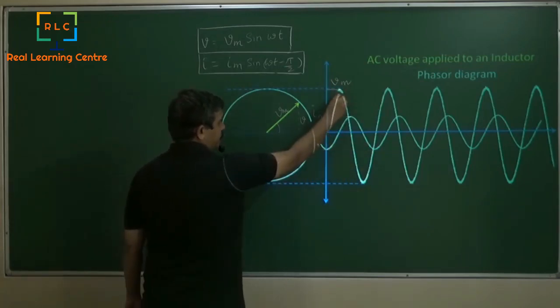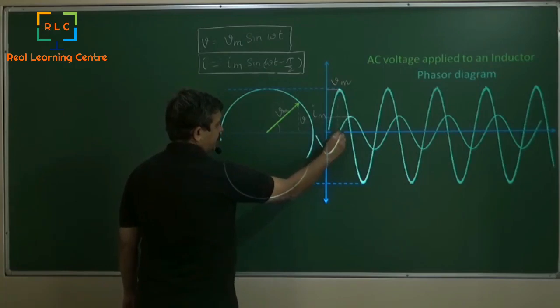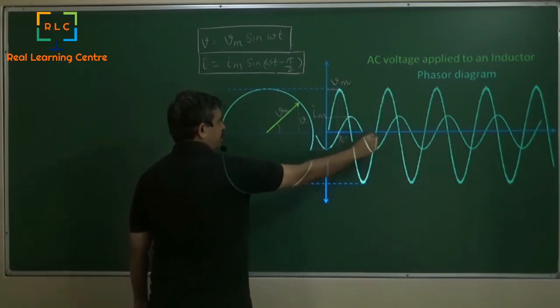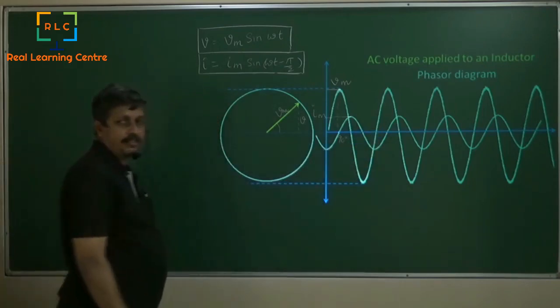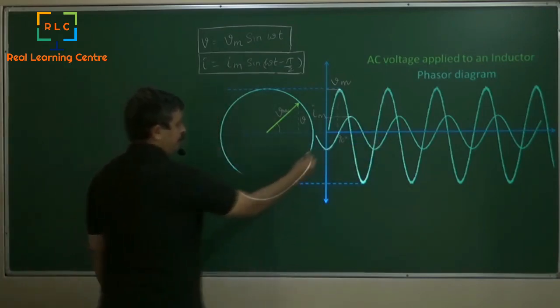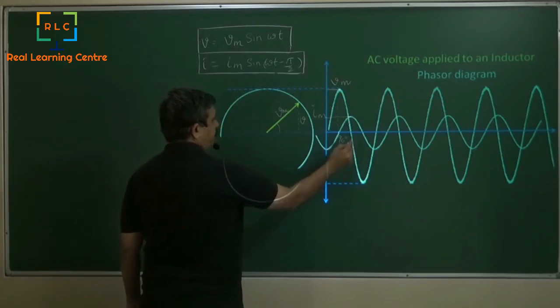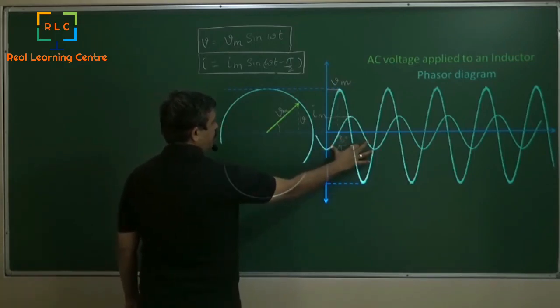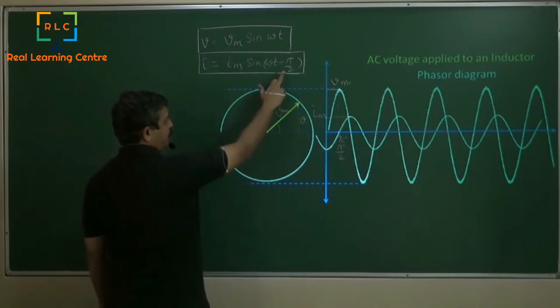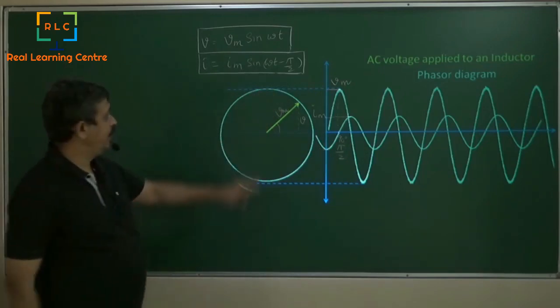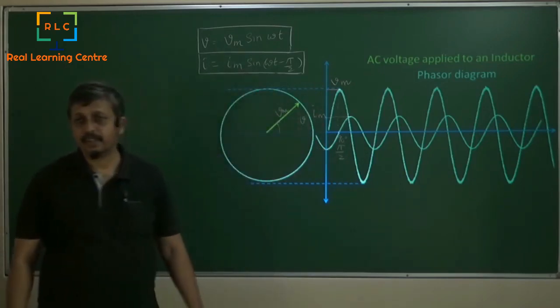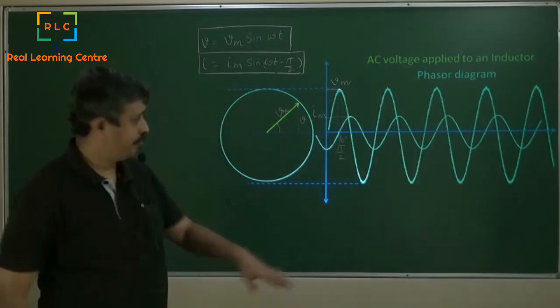See, this is 90 degree or pi by 2. This is 180. This is 270. This is 360 or 2 pi. So this is pi by 2. If you move the second one left by pi by 2, it aligns with the original. So that is the meaning of this.